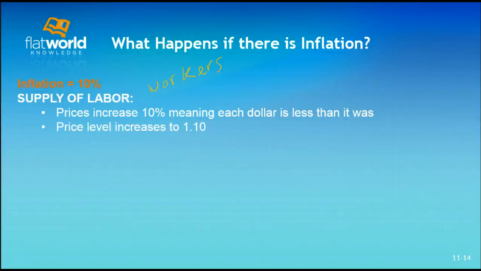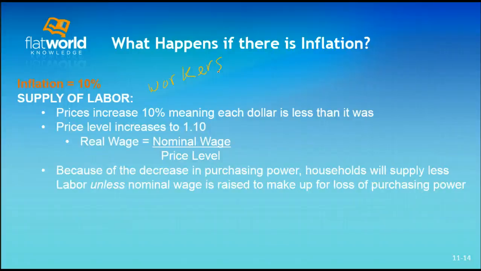If the price level increases 10%, we're saying the price level went from 1 to 1.1. If the real wage equals nominal wage divided by the price level, my real wage just went down. And because of the decrease in purchasing power, households will want to supply less labor, right?